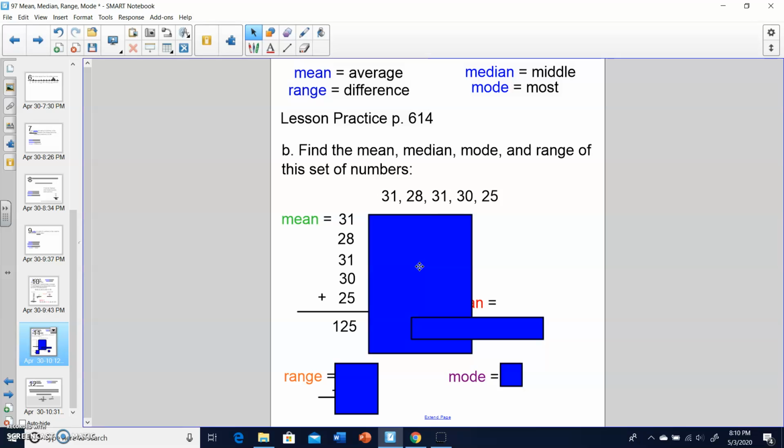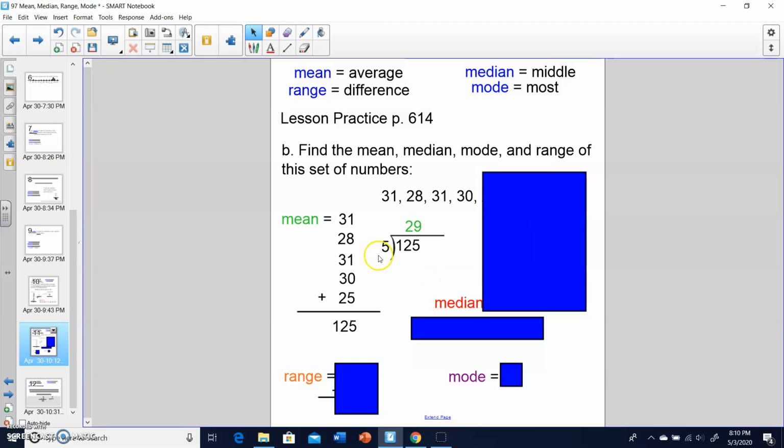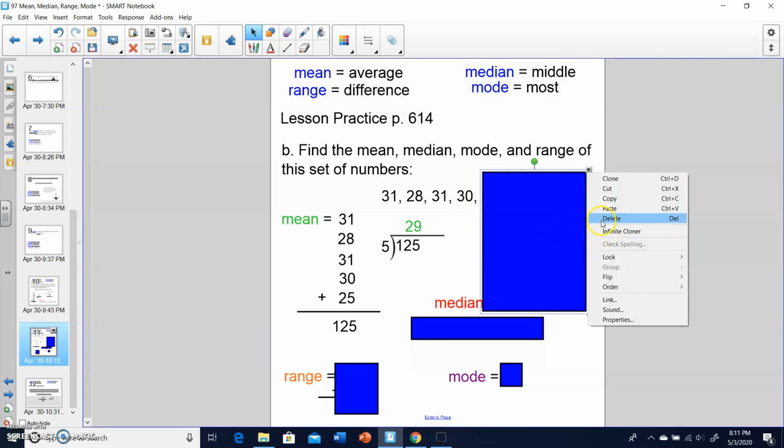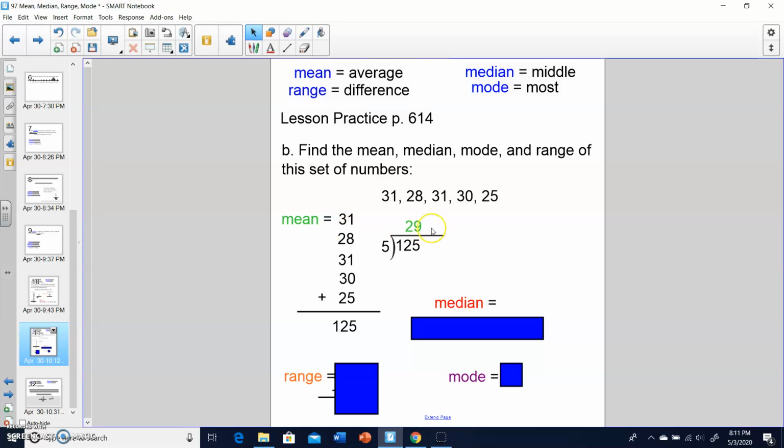Once I add those 5 numbers together, I end up with 125. The second step in finding mean or average is to divide. So I'm dividing by 1, 2, 3, 4, 5 numbers. So 125 divided by 5 is 29. So the mean is 29.